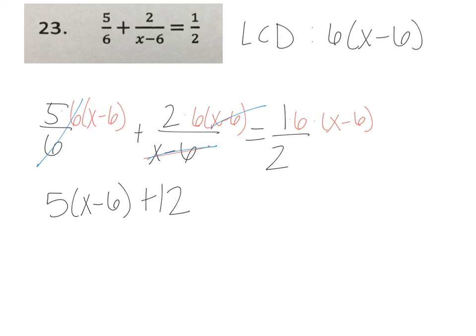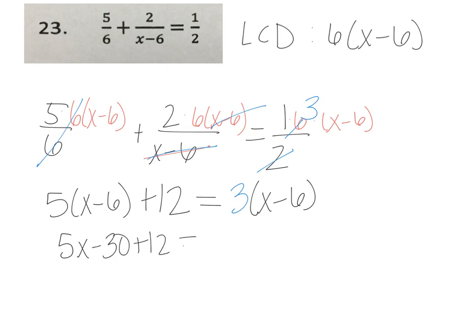And in my last one over here, I get 6 divided by 2, which is 3, so 3 times x minus 6. So let's see, 5x minus 30 plus 12 equals 3x minus 18. That's 5x minus 18 equals 3x minus 18.